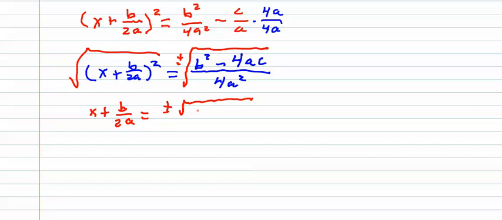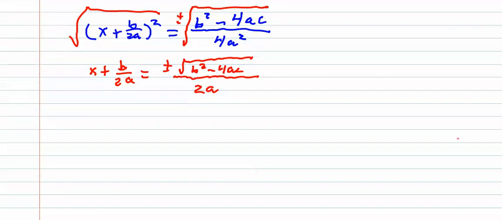The numerator stays b squared minus 4ac, and the denominator becomes the square root of 4 is 2, the square root of a squared is a. Notice the square root is only for the numerator. And now we subtract b over 2a from both sides.